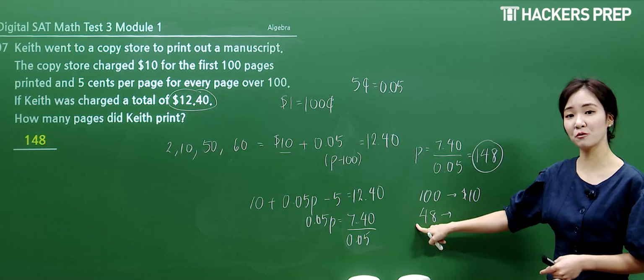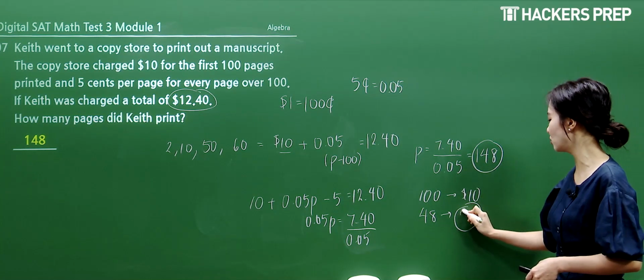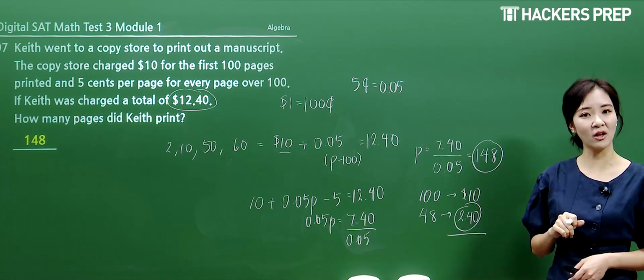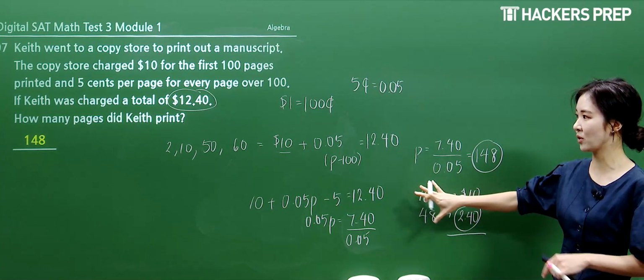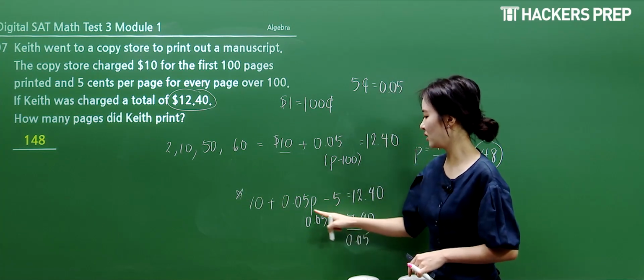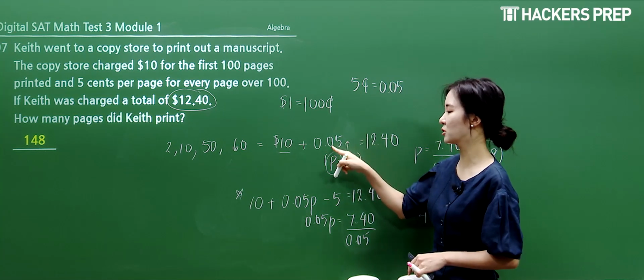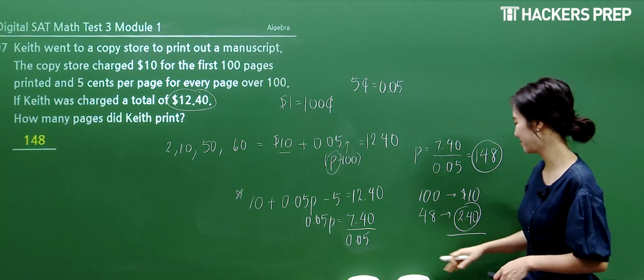So 0.05 times 48 gives the extra value, which is equal to $2.40, okay? And this is why his total was $12.40. So the biggest thing to realize for this question, without getting it wrong, would be the step where we subtract 100 from the actual value of P and multiply that by the actual rate, 5 cents per page beyond 100 pages, okay?